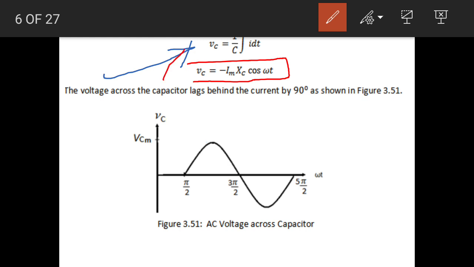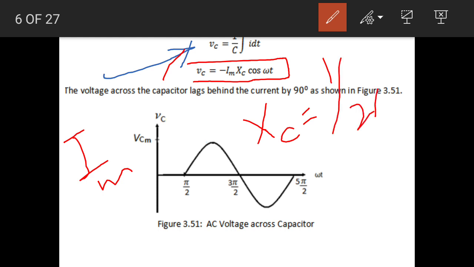In this particular equation, the maximum value of the current is represented by Im. Xc is the capacitive reactance of this capacitor, which depends upon the frequency as well as the capacitance of the capacitor.